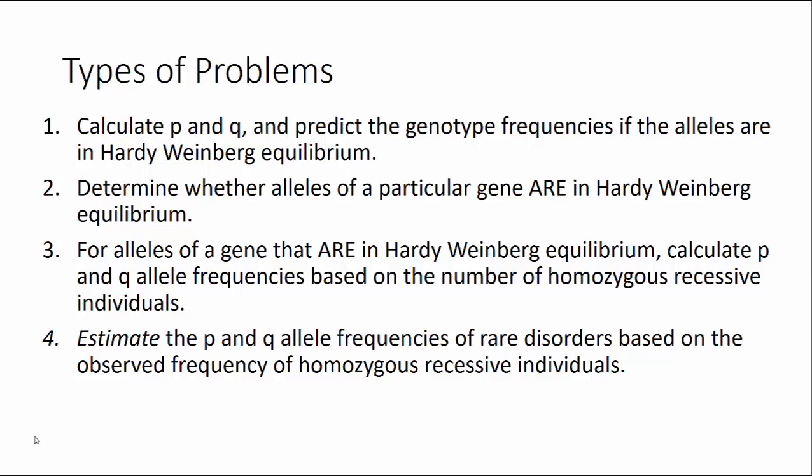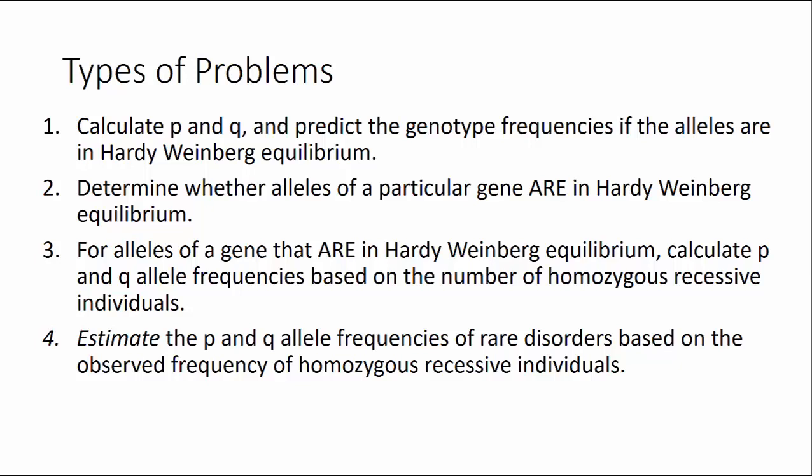So the first type of problem, I might ask you to calculate the allele frequencies, P and Q, and to predict the genotype frequencies if the alleles are in Hardy Weinberg equilibrium. I might ask you to determine whether the alleles of a particular gene in a population appear to be in Hardy Weinberg equilibrium.